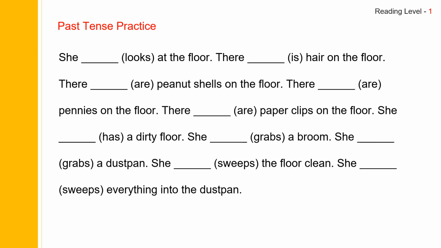Now let's practice past tense. Past of look is looked. It's regular. You say looked. She looked at the floor. There was. And then are, were. Again, are, were. Has is had.